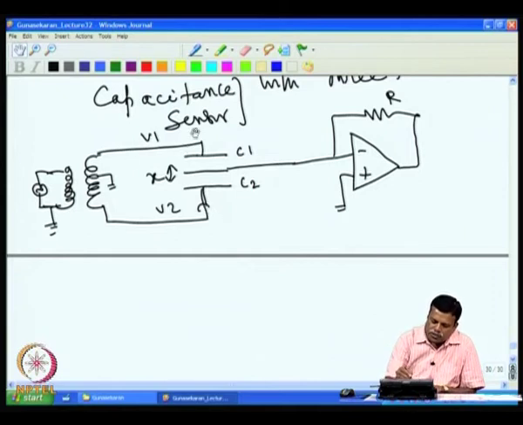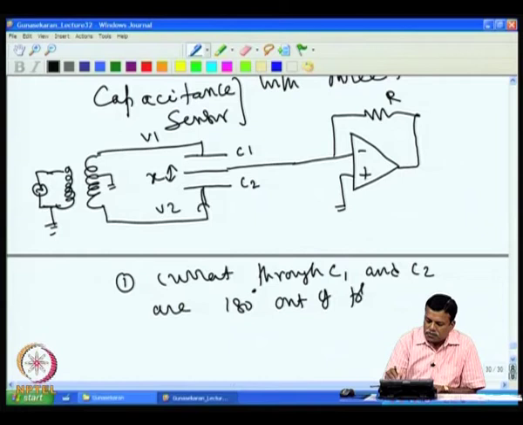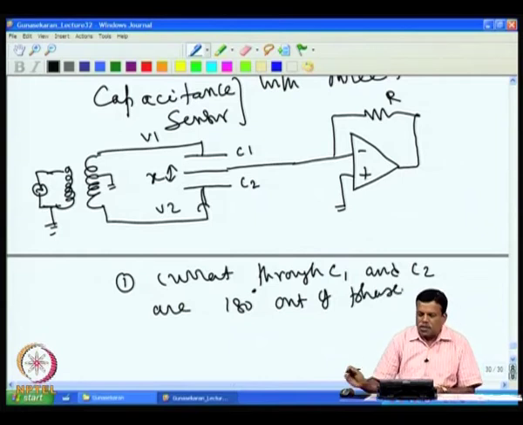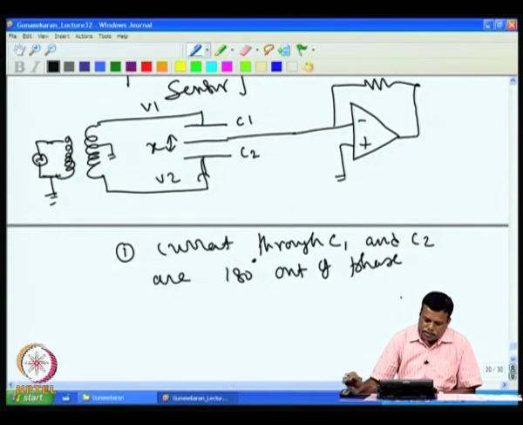So, the current through C1 and the current through C2 are 180 degrees out of phase. If the two currents are equal, then you will get the output 0.